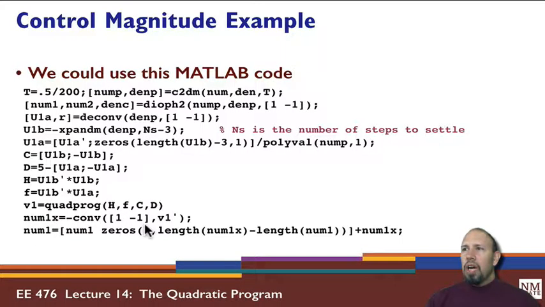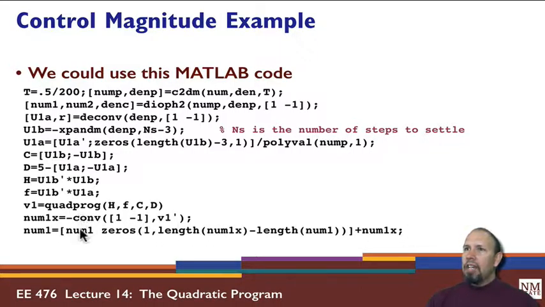And so the numerator that we need then is related to V1. And so here's what we need. And then we need to pad it with the correct number of zeros. So this is the overall.